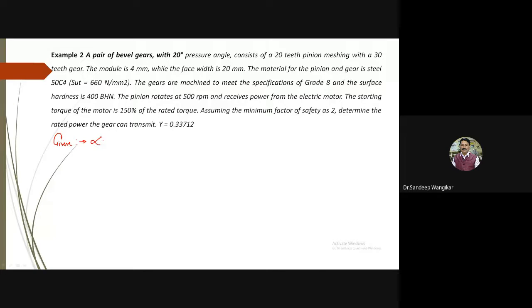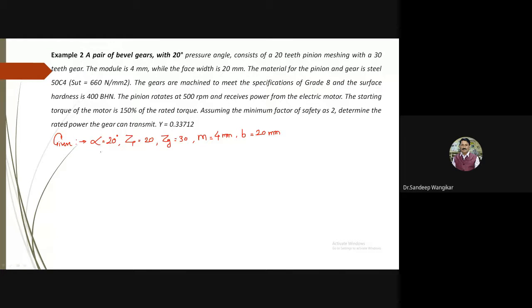Alpha, the pressure angle, is 20 degree, consisting of a 20 teeth pinion meshing with a 30 teeth gear. The module is 4 mm and the face width is 20 millimeters. I will say the module is equal to 4 millimeters and the face width is equal to 20 millimeters. The material for both is the same.